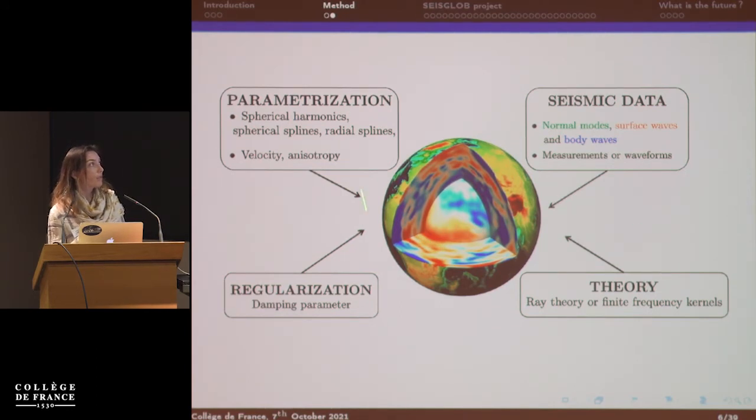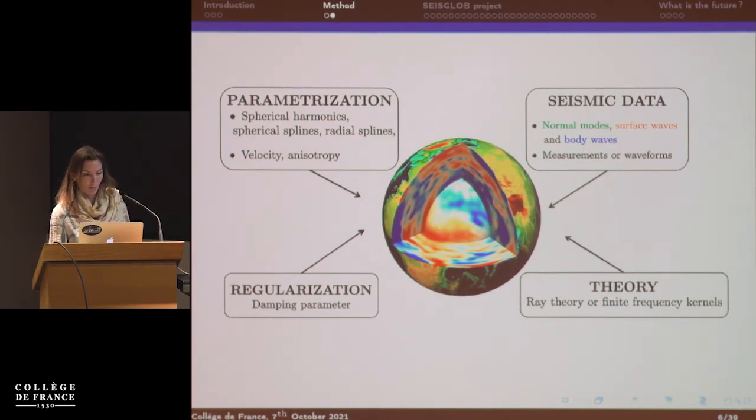But then you also have other choices to make when you do this tomographic inversion. You have to parameterize your model, choose a theory, and you have this damping parameter. And so, when you look at a tomographic model, you have to take into account all of these choices before making any interpretation.